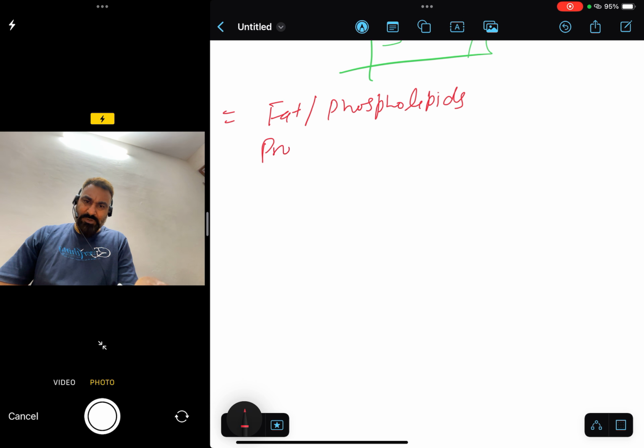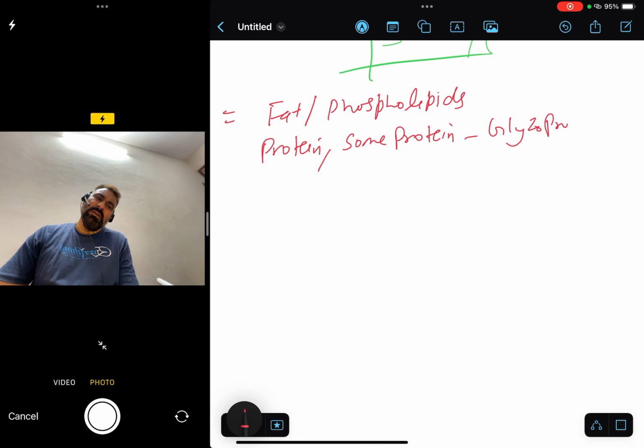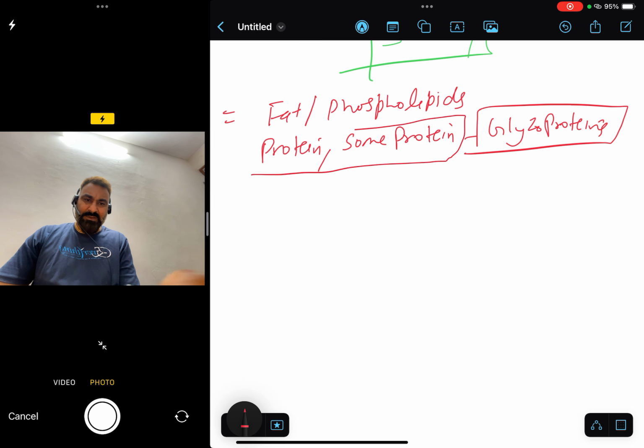Second is the protein, and some proteins are also present in the form of glycoproteins. So some proteins are in the form of glycoproteins, some proteins are freely present, just like in other cell membranes.